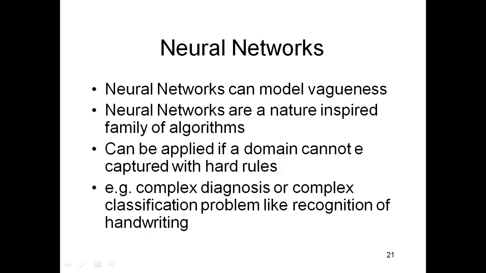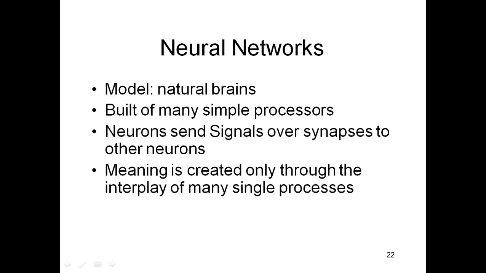Anyway, okay, neural networks now, they model, of course, something more. They model the way the human or any natural brain functions on a very simple level, right? And they are also very powerful. The model is, of course, natural brains.